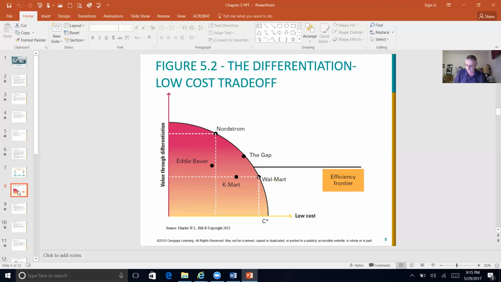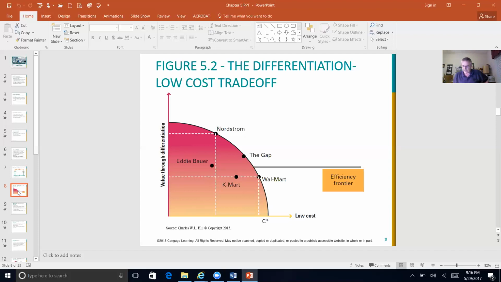And looking at this efficiency frontier, it shows all the different positions in this example where a company can adopt with regard to differentiation and low cost, assuming that a lot of its internal functions and organizational arrangements are configured in such a manner that it is going to support that particular position. And you can see the differences of the different name companies of Eddie Bauer, Kmart, Walmart, Gap, and Nordstrom.